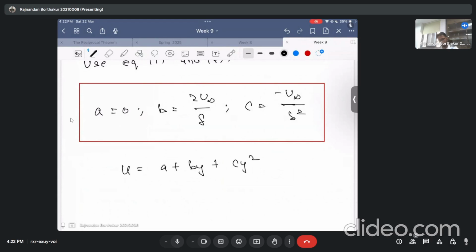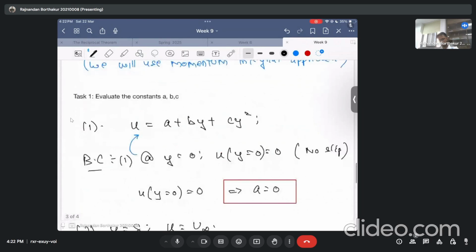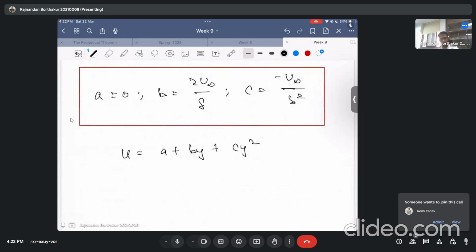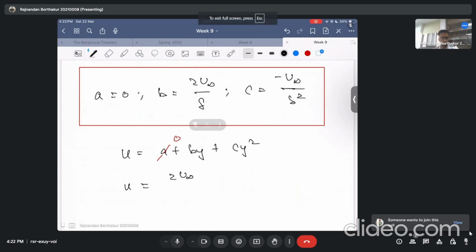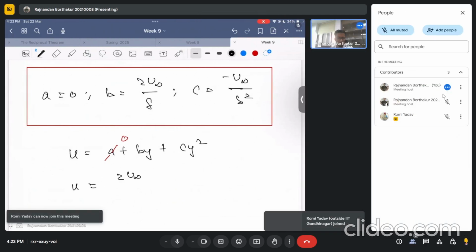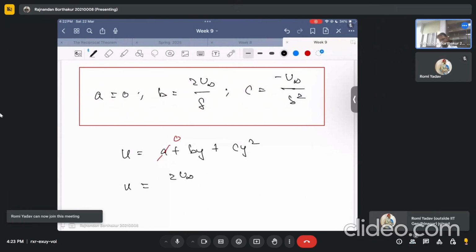Now substitute your A. Your A is equal to 0, which means that you get U equal to B times Y. Your B was 2U infinity by delta. That is what you got.